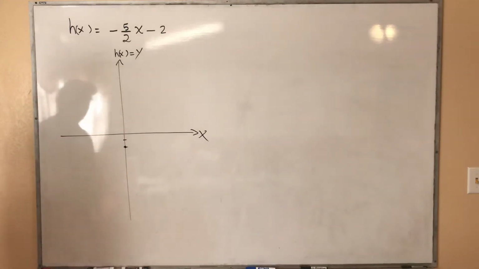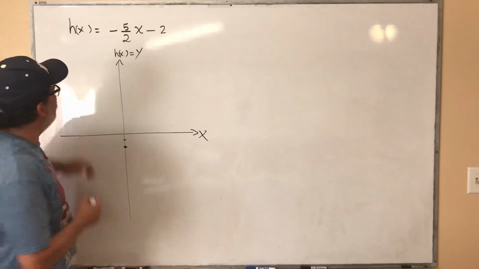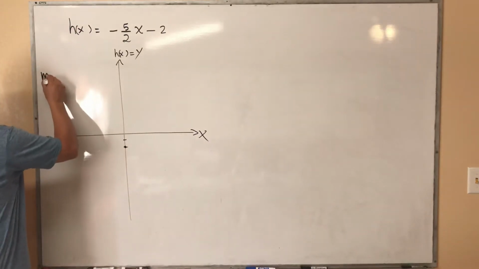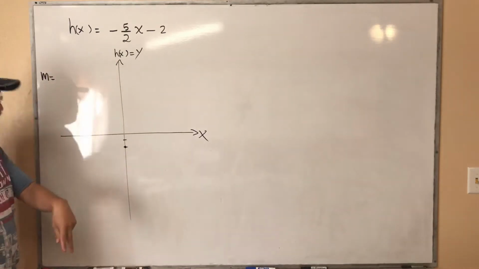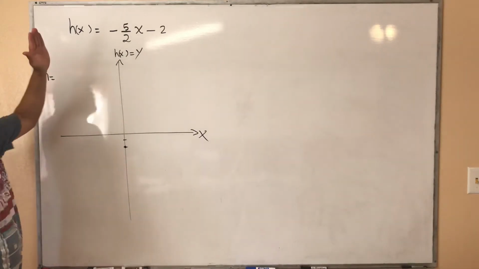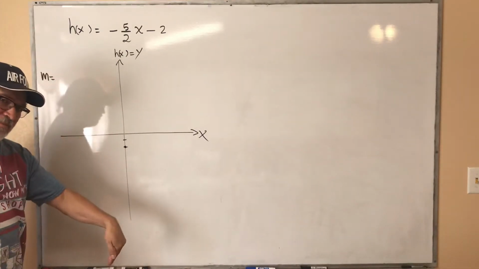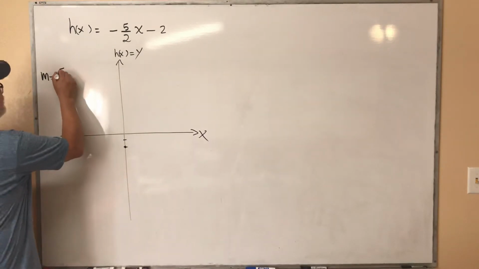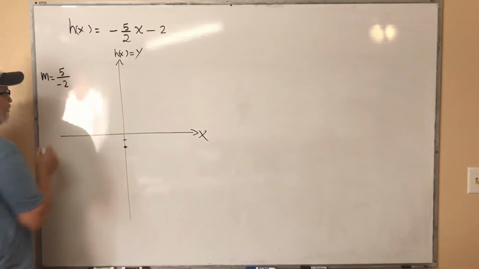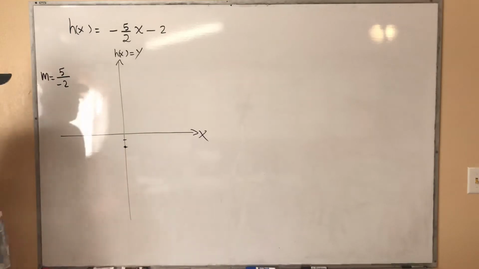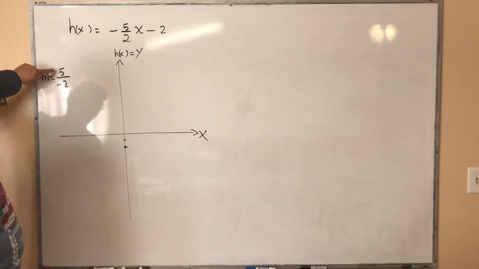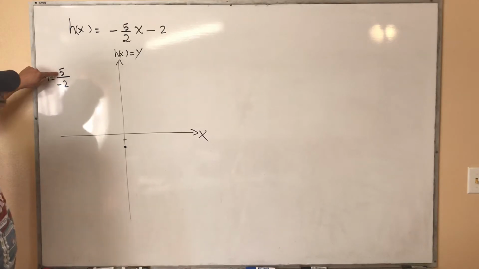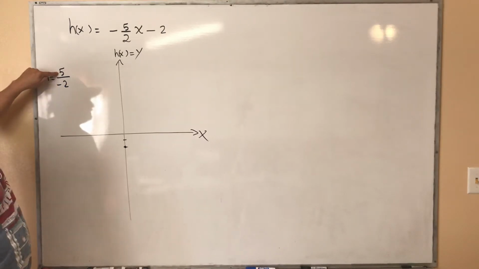Okay? And now this is the slope, and you gotta do something with that negative. You have two choices. You can bring it up or down. I'm gonna bring it down. So according to the way I have it, from here I'm gonna rise 5, positive 5, so you go up.